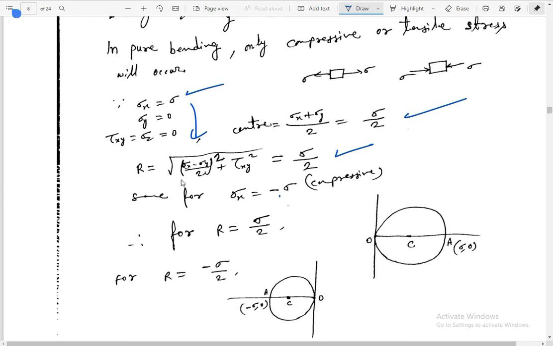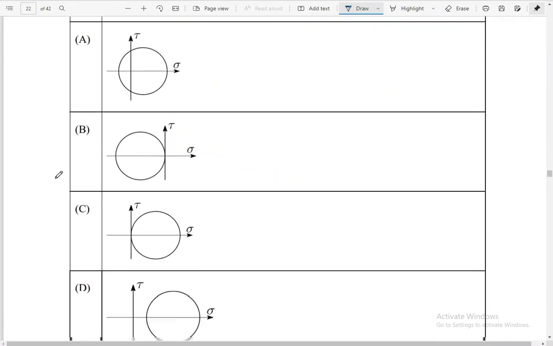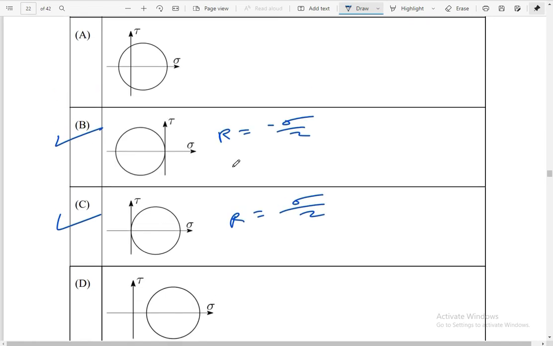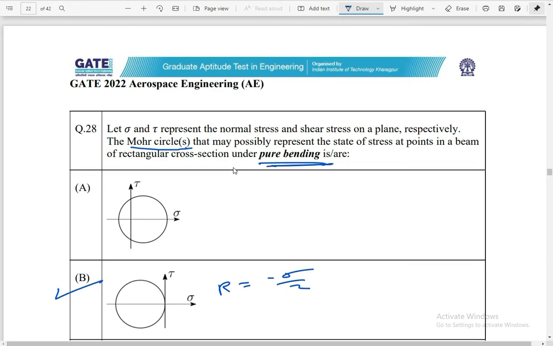So for R equal to sigma by 2 we get this Mohr circle, and for R equal to minus sigma by 2 we get this Mohr circle on the left side. Either this one for R equal to minus sigma by 2, or this one for R equal to sigma by 2. Remember, it is for pure bending, because there is no mention of other stress. Okay, it is pure bending.